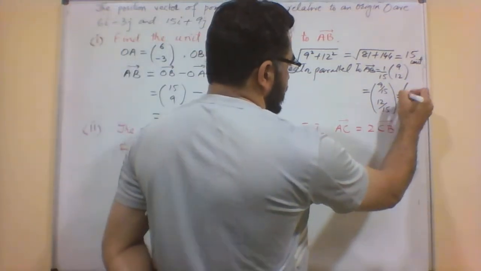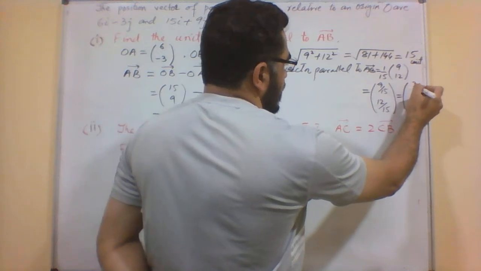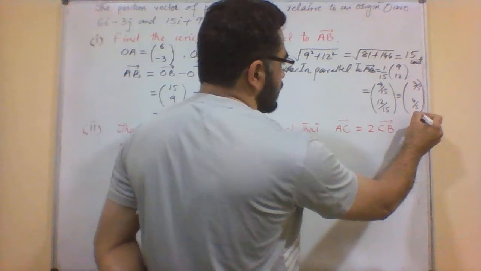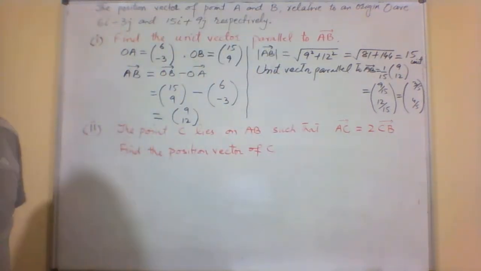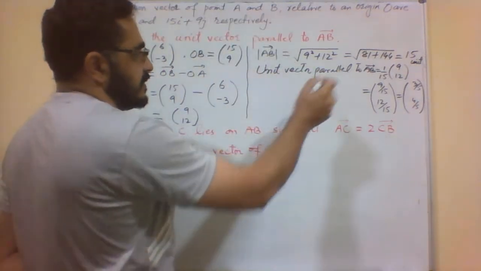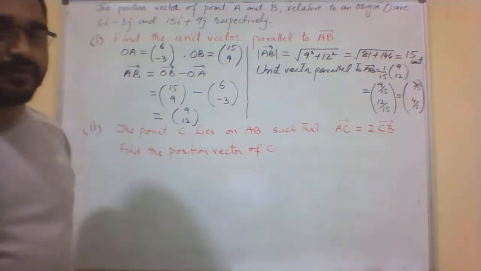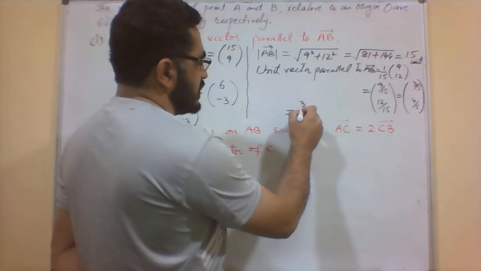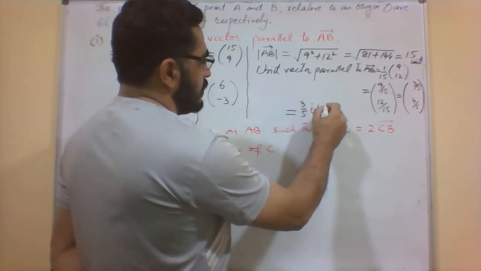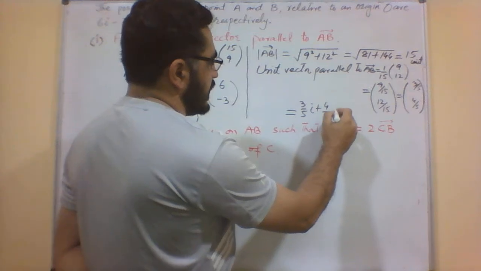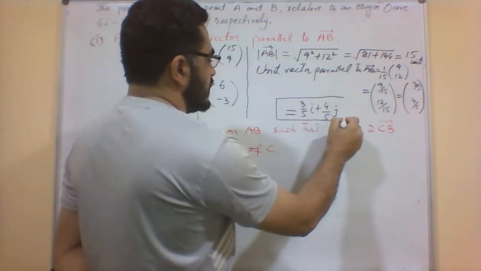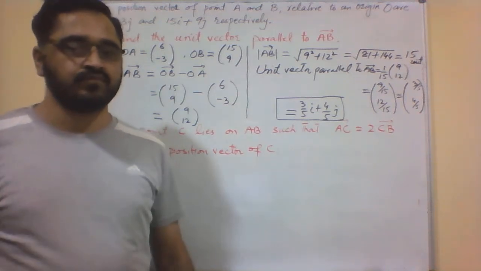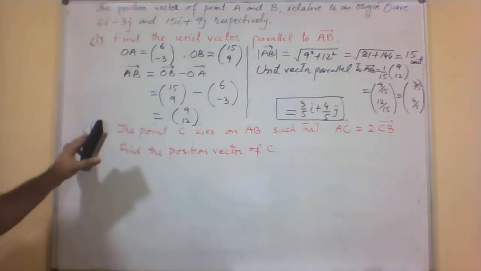Simplifying, 3 3s are 9, 5 3s are 15, and 4 3s are 12, 5 3s are 15. So the unit vector parallel to AB is 3 by 5 i plus 4 by 5 j. This is the required answer.